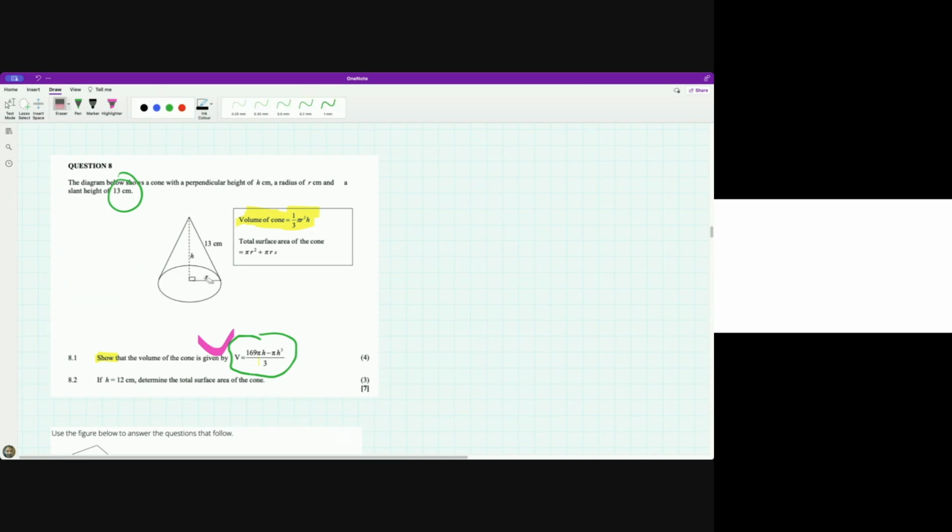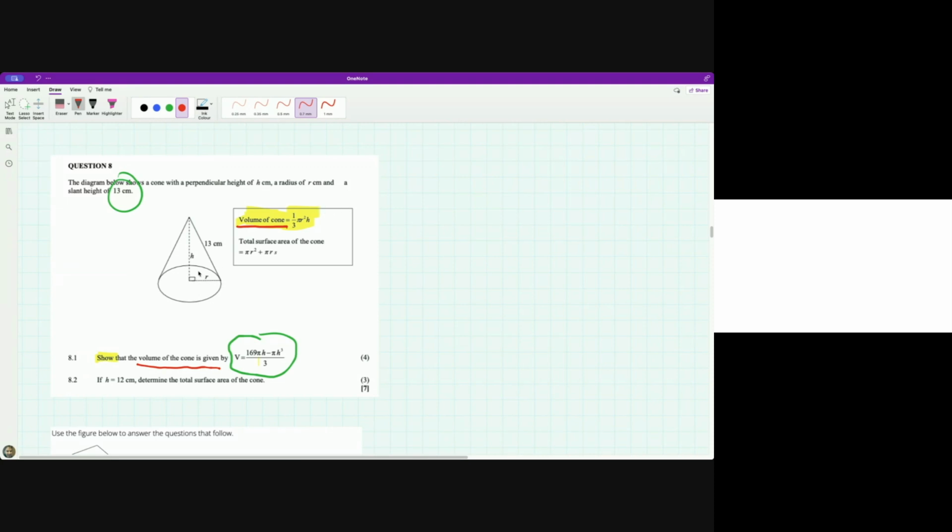Can I have suggestions about where I would start? What would you do to start with the volume? Because clearly it's about the volume. Any ideas?